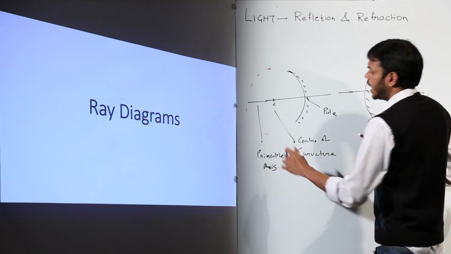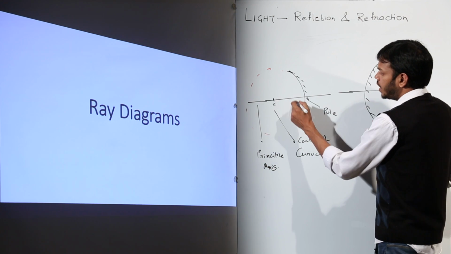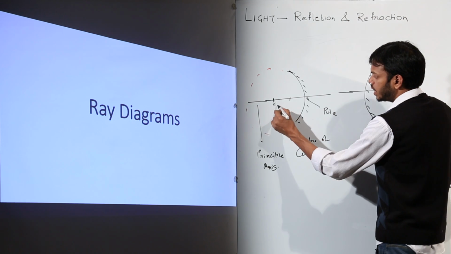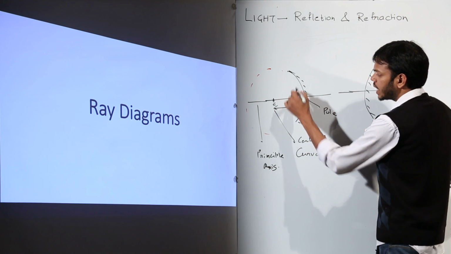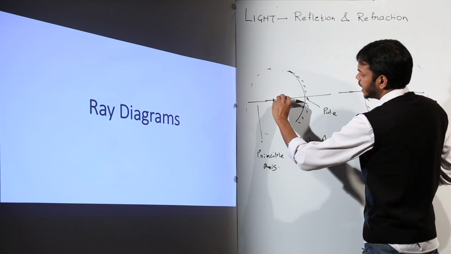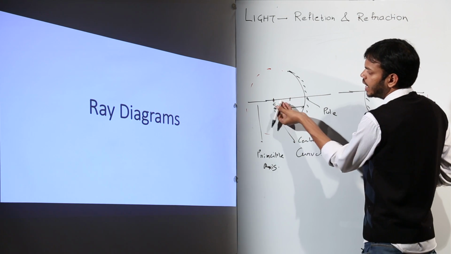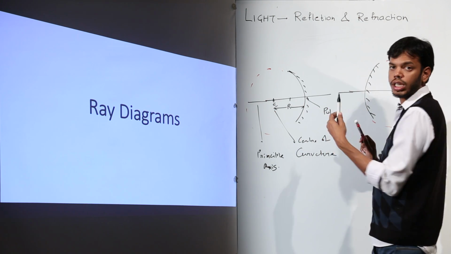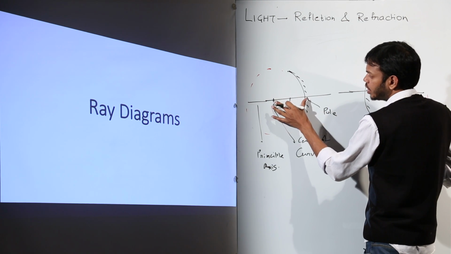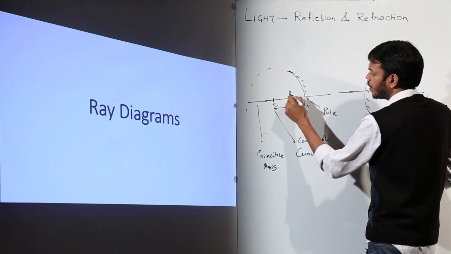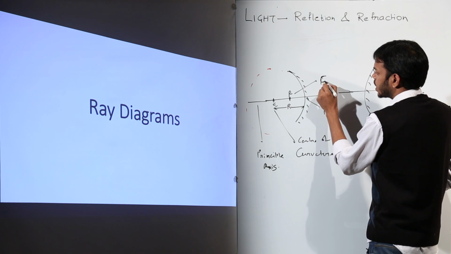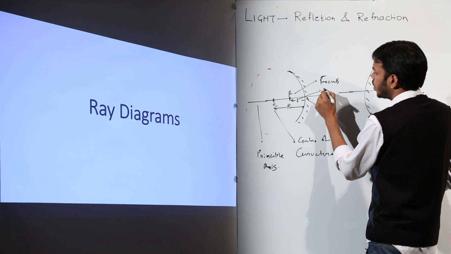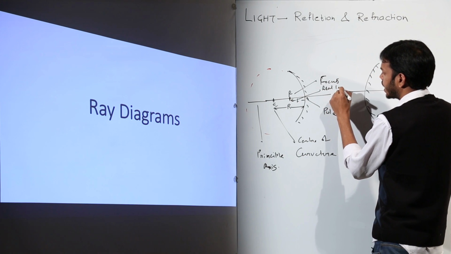Third point, lastly, half of the distance of this radius, because if this point is the center of curvature, this distance would be the radius of curvature, because on this radius this whole spherical thing was made, and out of this whole spherical thing this mirror was carved out, right? So half of the radius of curvature is called the focus. So this much distance would be called the focal length.